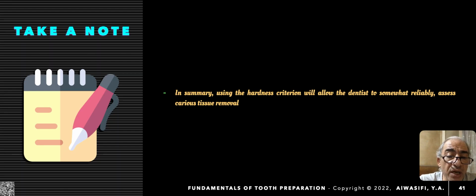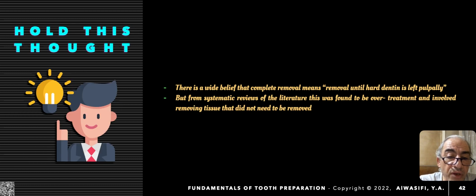That's why, in summary, using the hardness criterion is the most reliable one to assess the carious tissue to be removed. There is a wide belief that complete removal means removal until hard dentine is left, but nowadays reviews of the literature found this is an overtreatment that may lead to pulp exposure, and you are not in need to remove all carious affected dentine.